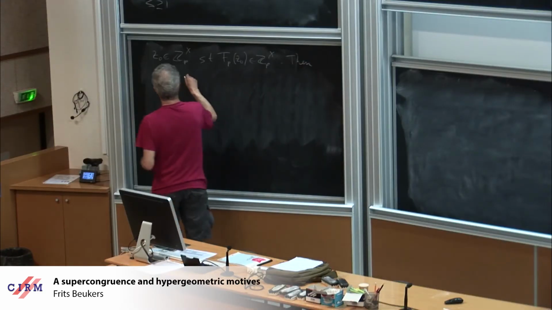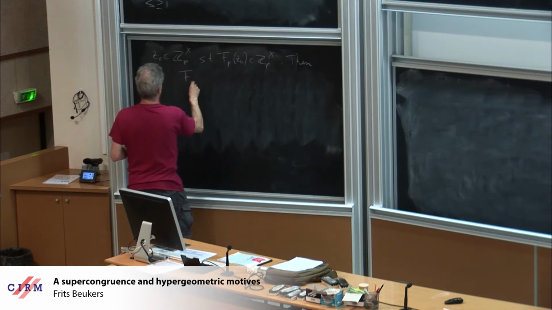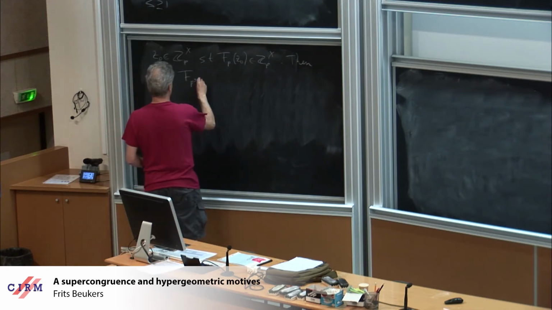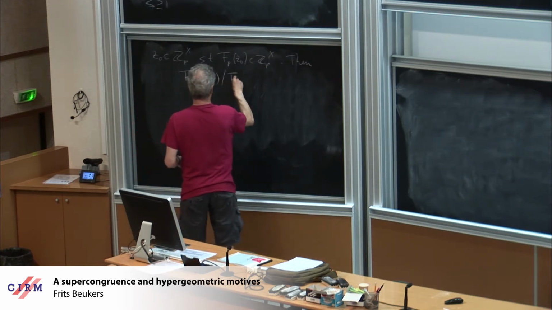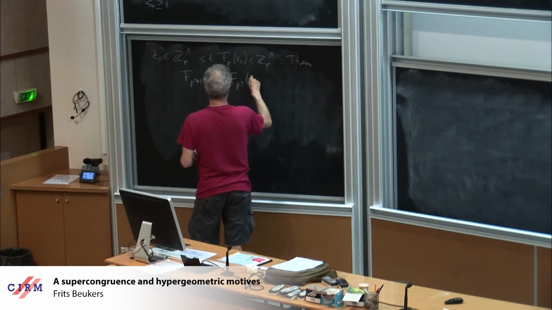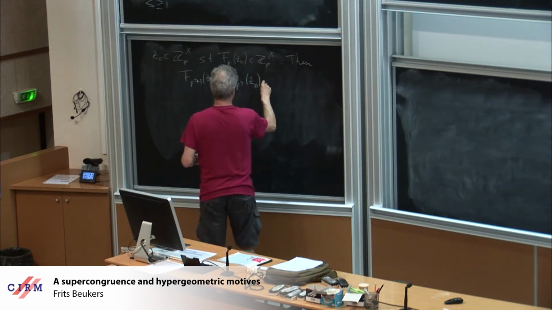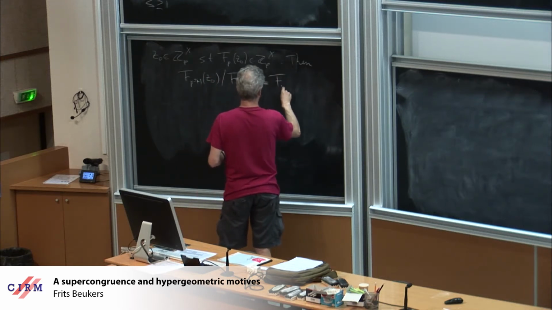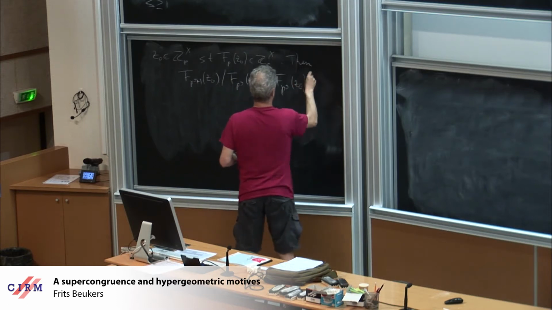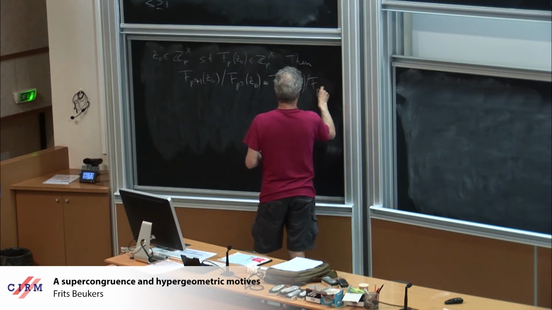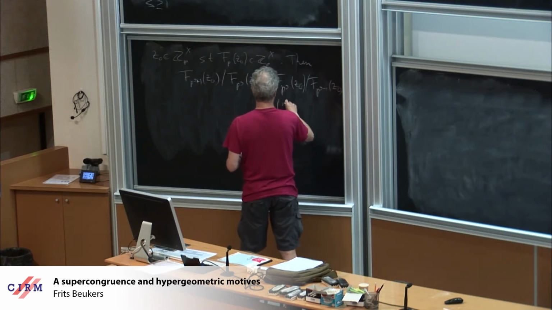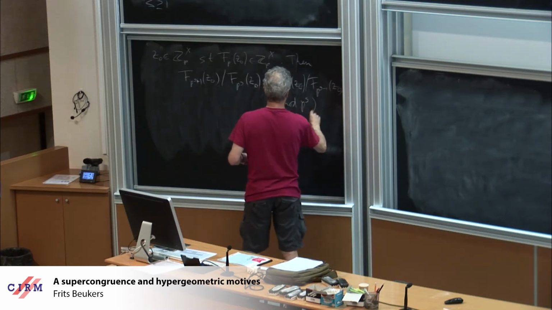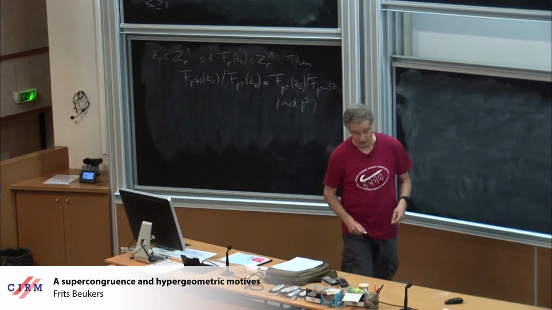Namely, if you take the truncation at p to the s plus 1 at the point z0 and divide by the truncation at p to the s, we're going to do congruences, so I have to explain the idea of division in a moment. But Dwork showed that really you have this congruence modulo p to the s for all odd primes and all s greater or equal than 1.